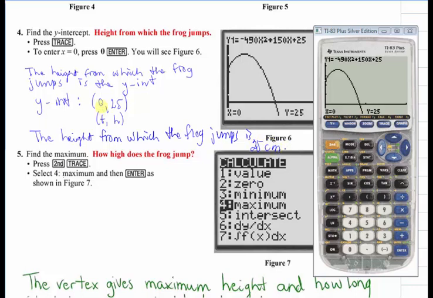Okay, and notice that the time is 0, so this is our starting point. Okay, find the maximum, because we want to know how high does the frog jump.